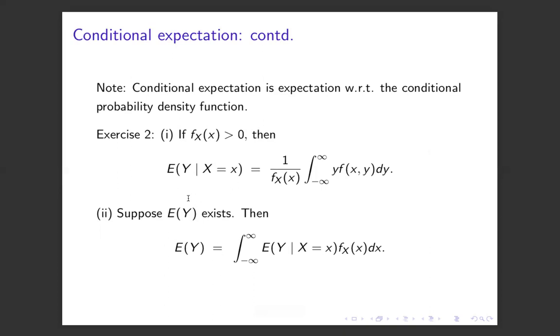And if you assume that expectation of y exists, then this holds. Because remember that expectation of y is the integral from minus infinity to infinity, integral from minus infinity to infinity, of y multiplied with f_xy dy dx.